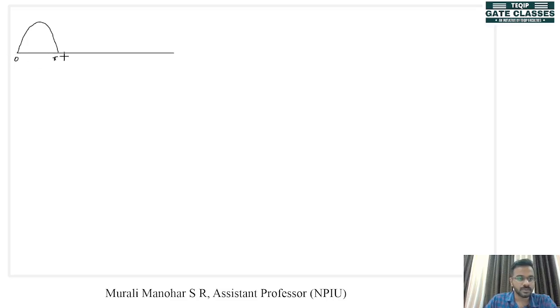Zero to pi, then pi to 3 pi. We know that for a sine wave, an entire cycle means 0 to 2 pi radians, right?